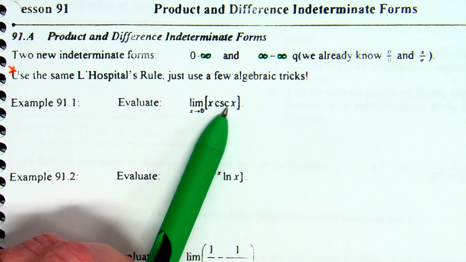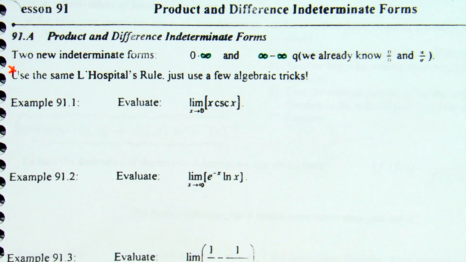Cosecant would be based on the sine curve, right? And if it's based on the sine curve, the curve would be going up, at least from the right side. It would be going up to infinity.